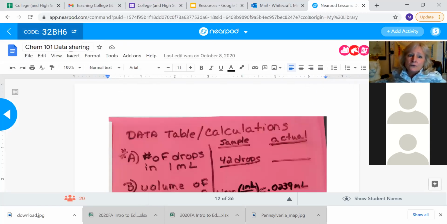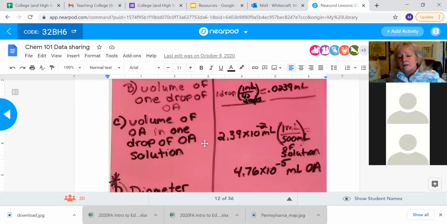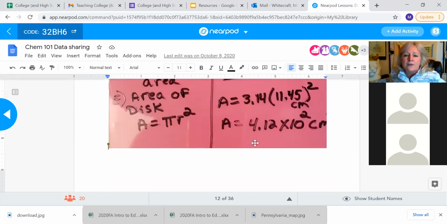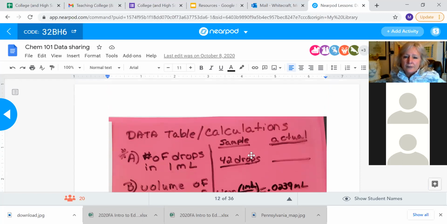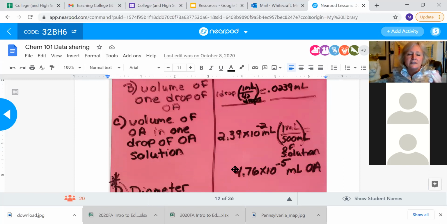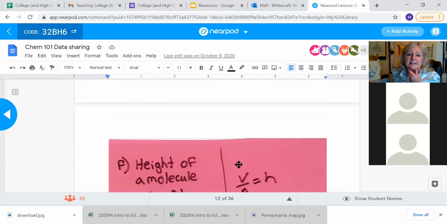I use a Google Doc, and for this particular lab, this was Avogadro's number and approximating the size of an oleic acid molecule. I went through the steps, the calculations, and for the in-person labs they were all standing at their lab stations watching as I did this.